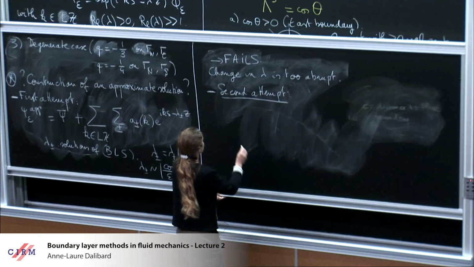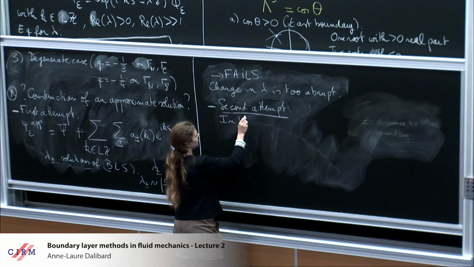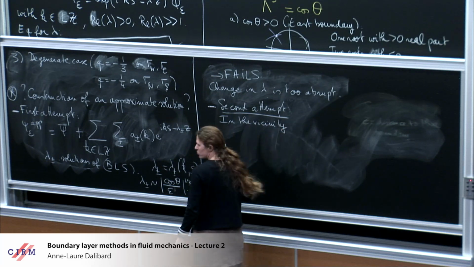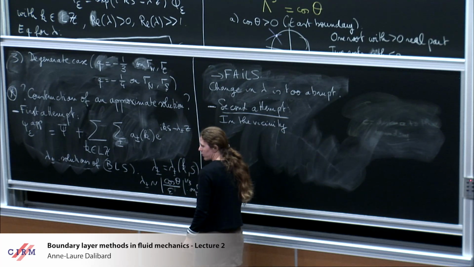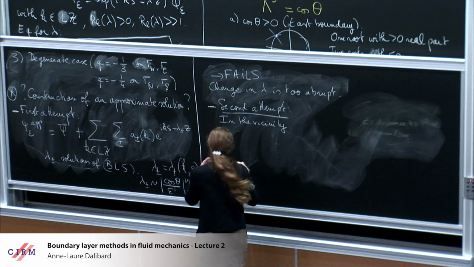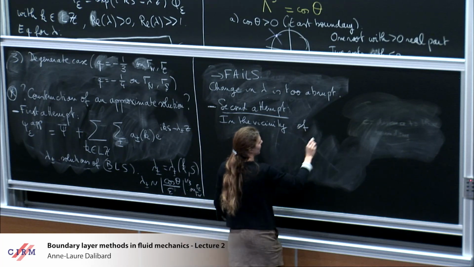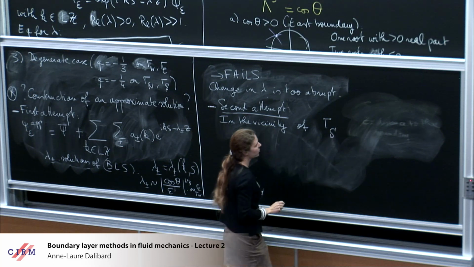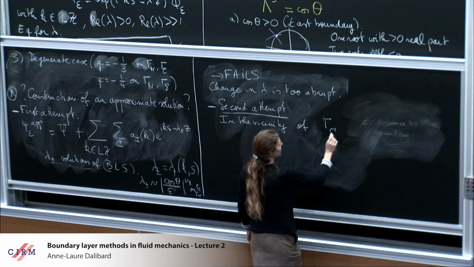So in the vicinity, I'm going to choose a convention. It's the vicinity of gamma S, the southern portion of the boundary.